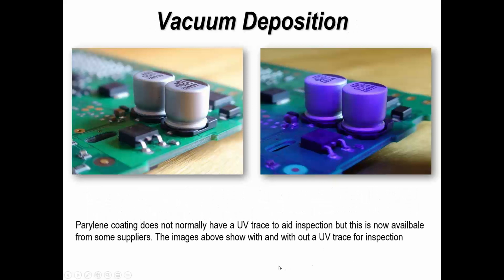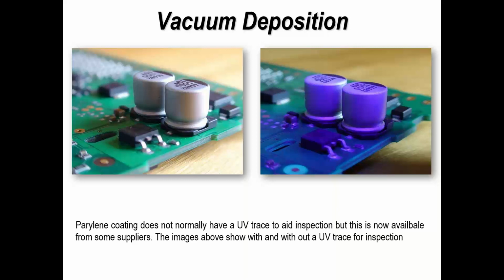Now, I mentioned vacuum deposition at the start, and I mentioned Parylene as a coating technique. Now, both of these examples have been coated with this process. So one of the things I know is that when you use Parylene, so you're putting your boards into a gaseous environment as part of the process, you get consistency of thickness.